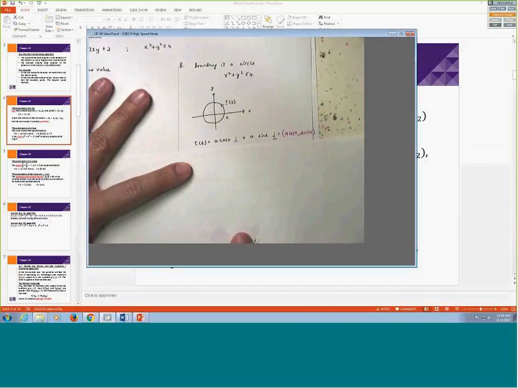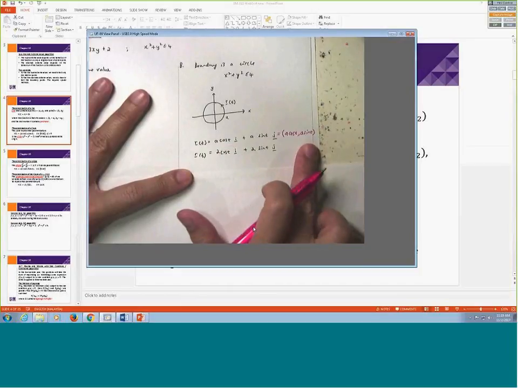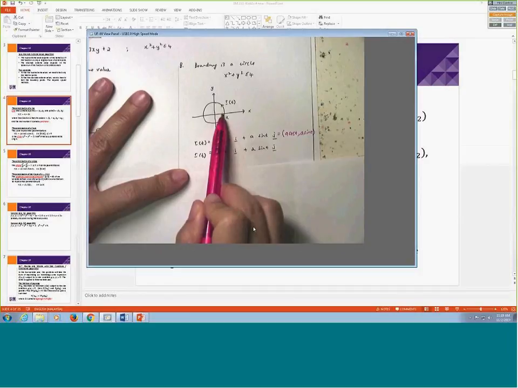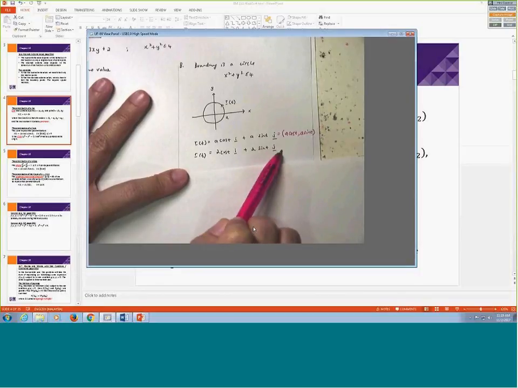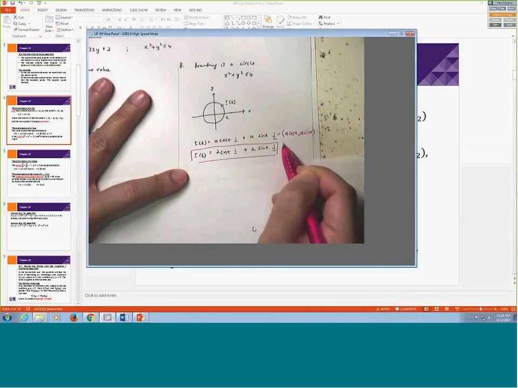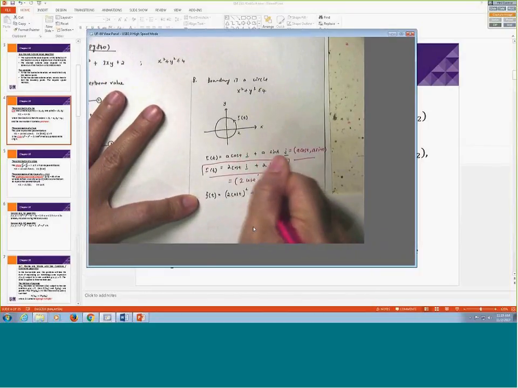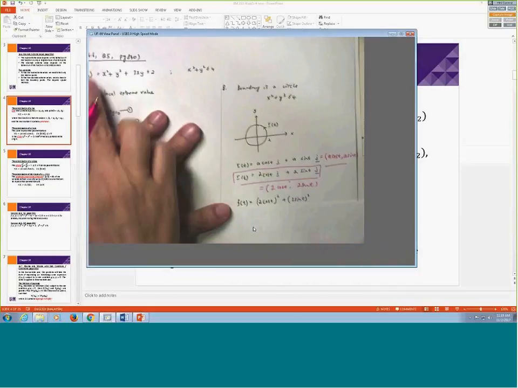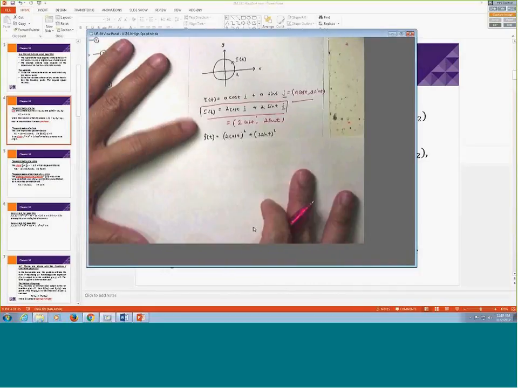In our case, this is a circle with radius 2, so it's 2 cos t i + 2 sin t j. We need to substitute this, x = 2 cos t and y = 2 sin t, into the function so that we get the function in terms of t at this boundary.